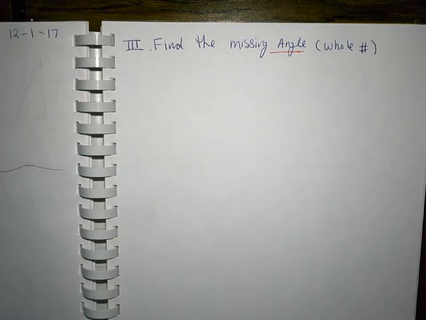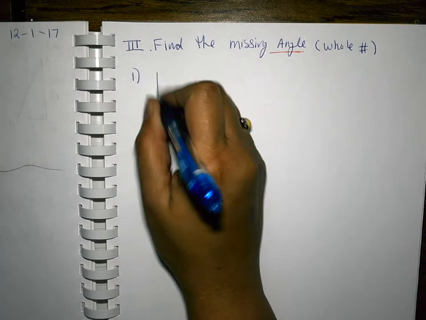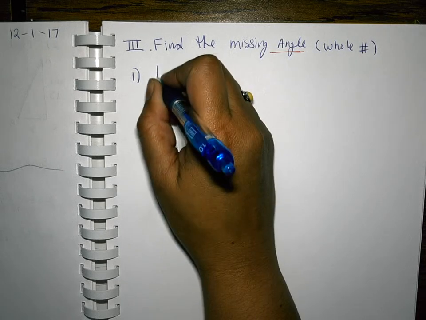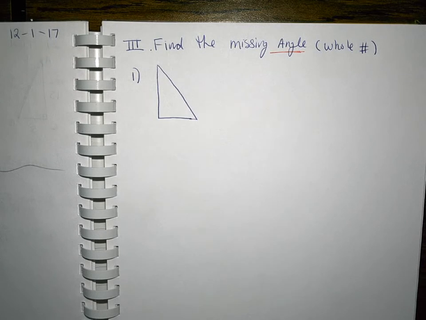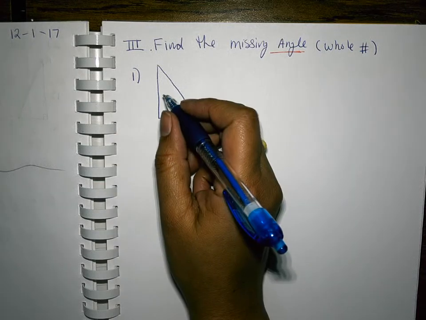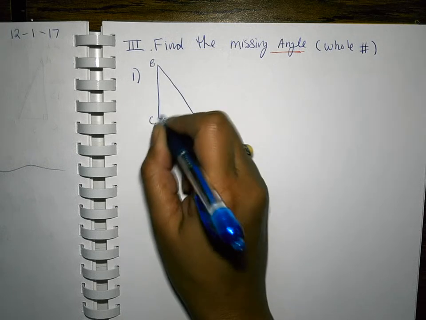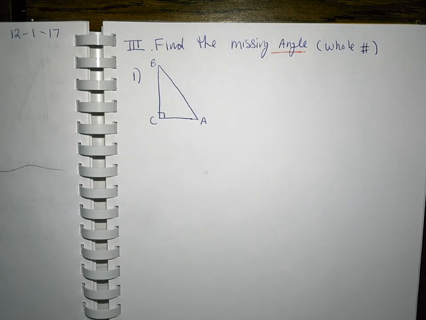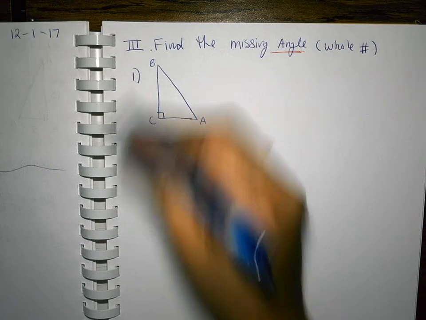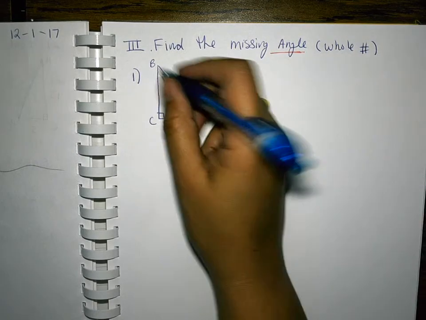All right, number 1. Triangle ABC, where the hypotenuse is 15 and BC is 7.